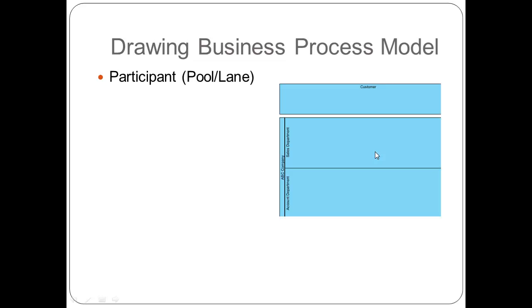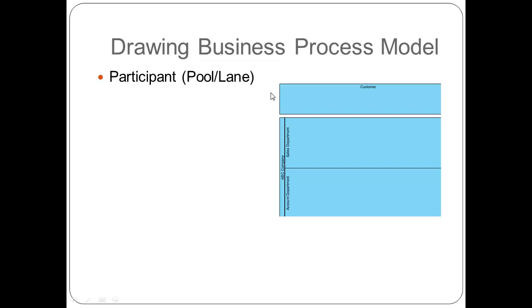Let's start talking about drawing business process models. There are 5 important things you need to know. The Business Process Visual Architect implements the BPMN, Business Process Modeling Notation, standard. There are basic constructs you need to know before we proceed. The first thing we talk about is the participant.